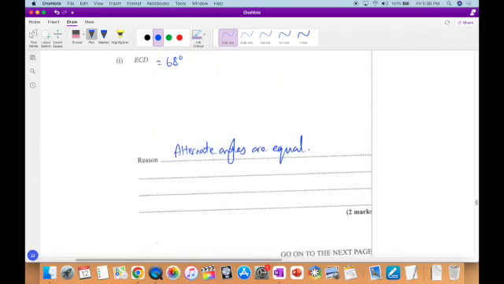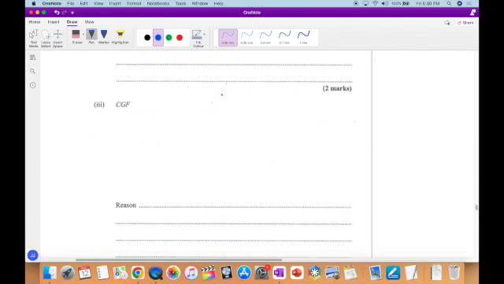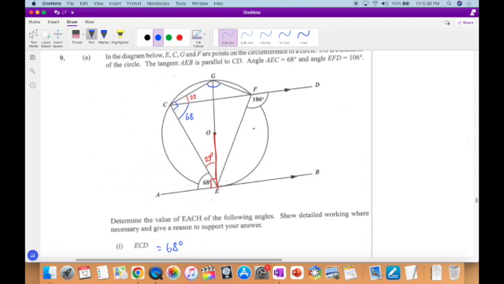And now CGF. So CGF, well, that's this angle here. And well, we know this is going to be 90 degrees as well.